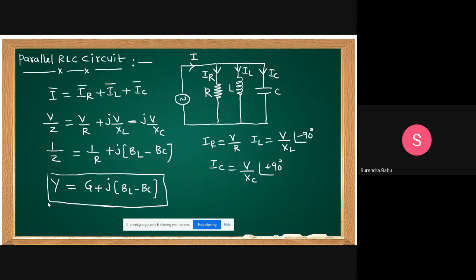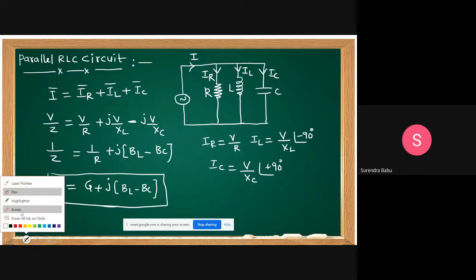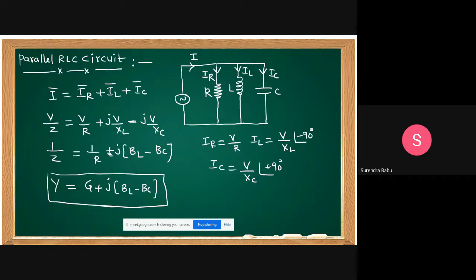Yes, it's V by XL at angle of minus 90. Just a minute, sir. V by XL at angle of minus 90 means here we can get minus, here plus. Sorry, please correct this. This is minus 90, sir. J is common.